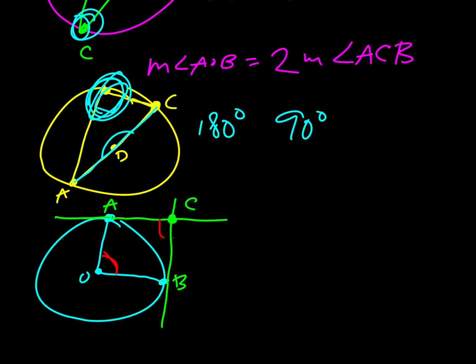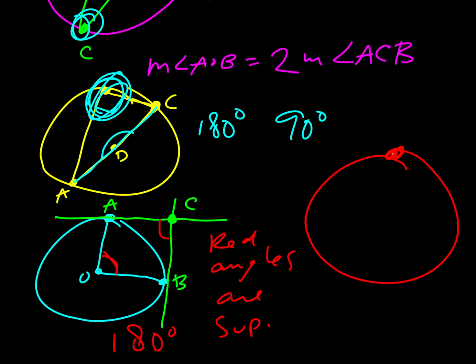So the red angles are supplementary, meaning they will add to 180 degrees. So if this gets really small, this will get really big. If they end up being 90, they'll both be 90, and so on.